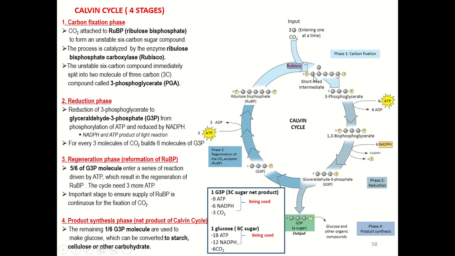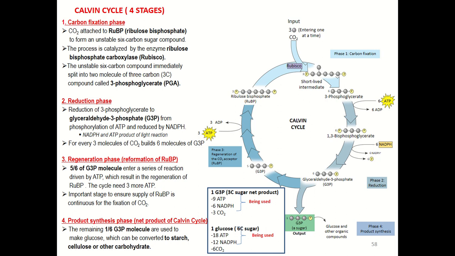Therefore, they will form 6 carbon molecules: 1, 2, 3, 4, 5, 6. 1 plus 5 equals 6. They will produce the 6 carbon molecule of unstable sugar compound.